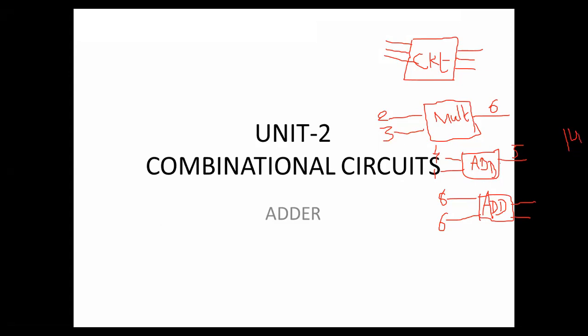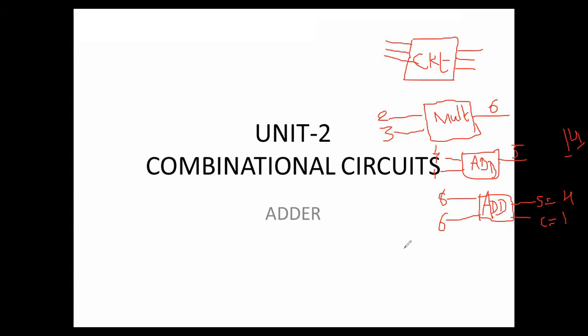In the addition process, 14 means this 4 is called the sum and 1 is called the carry. Here the sum S is equal to 4 and the carry is equal to 1. That means for the addition circuit, if you are giving the inputs, what are the outputs? Sum and carry.